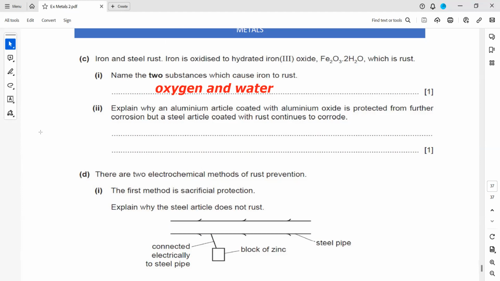So this is a piece of aluminum, and you have a piece of iron. Both have an oxide. For aluminum, the top layer is aluminum oxide, but when rusting of iron occurs, the top layer is iron oxide. So why, when iron oxide is formed, is the substance still not preventing further reaction, but with aluminum it does?